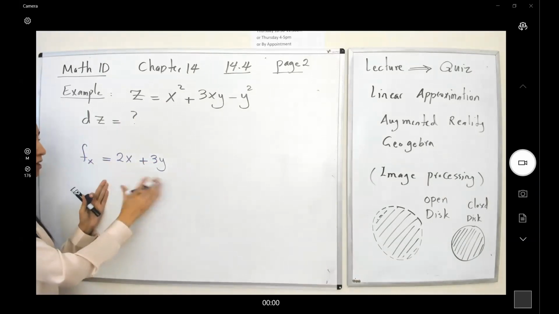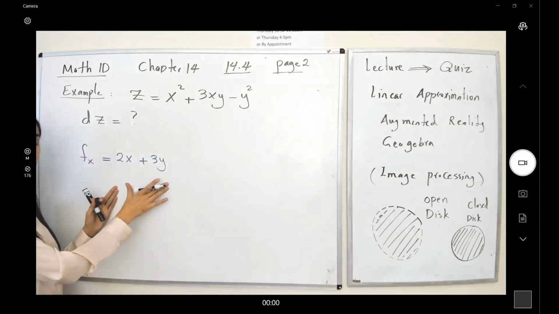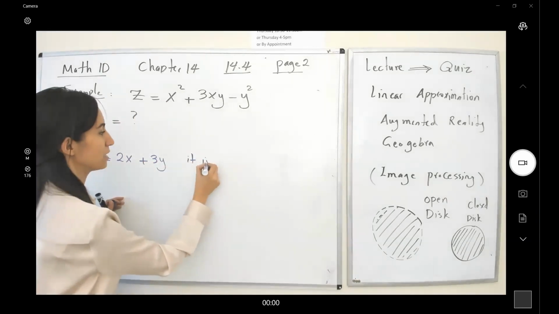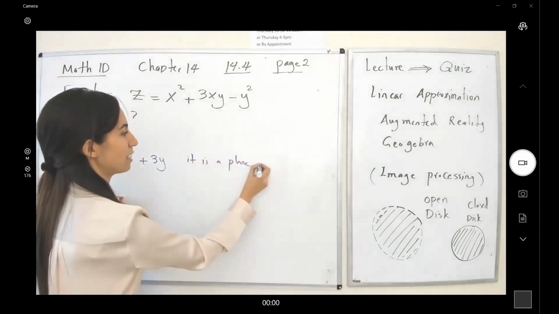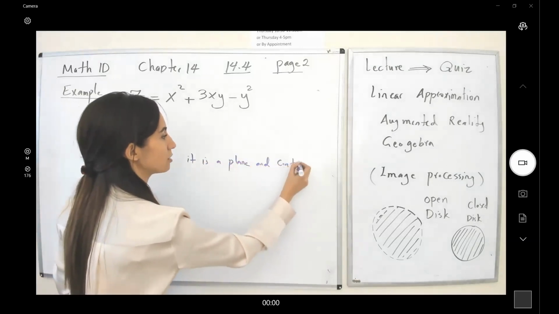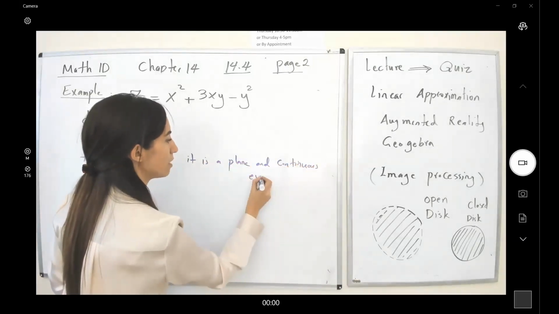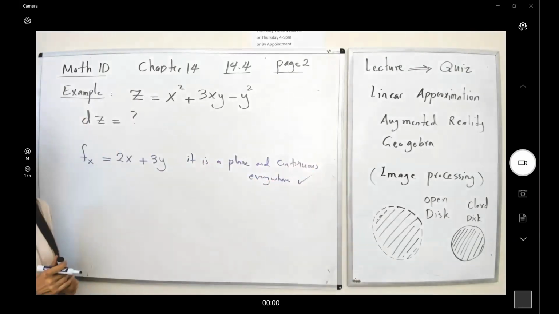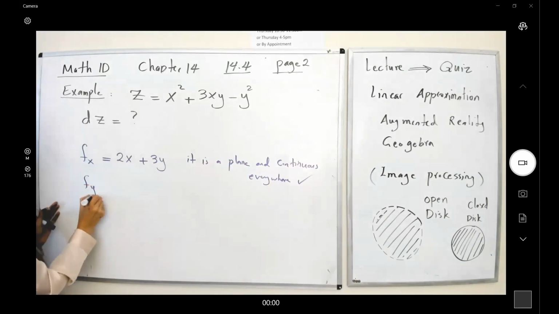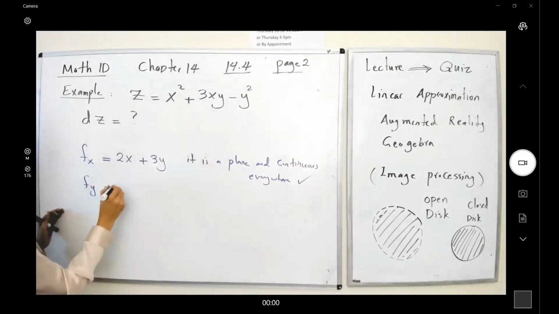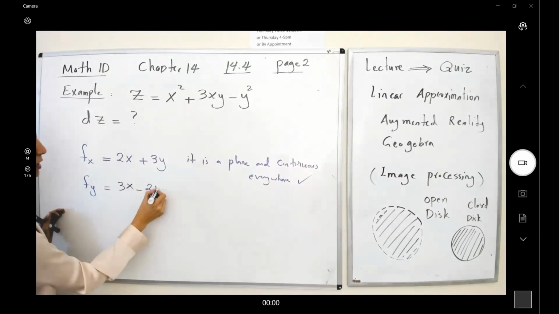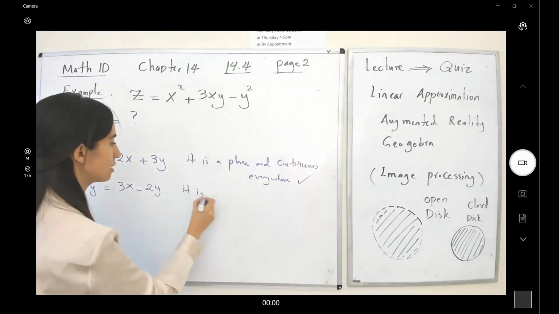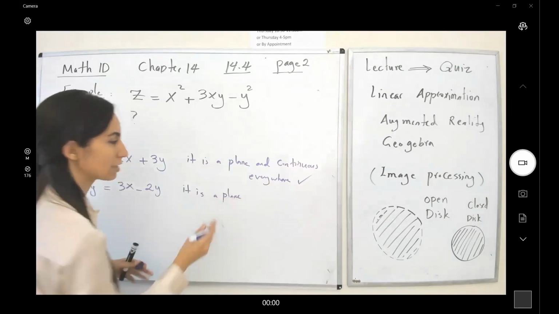As you can see, this is just a plane. It is continuous everywhere. So we're good with the first partial derivative. What about the second partial derivative? It is going to be 3x minus 2y. Again, you have a plane, with the same argument.